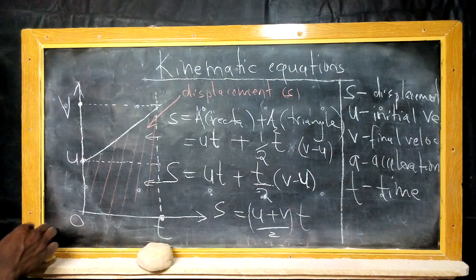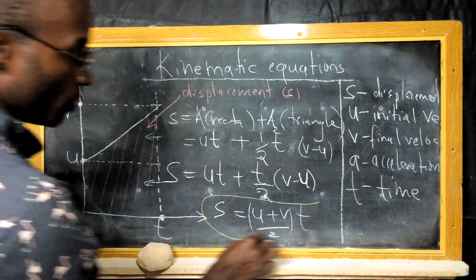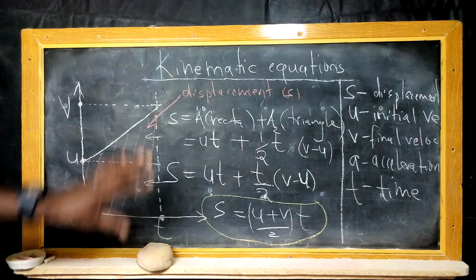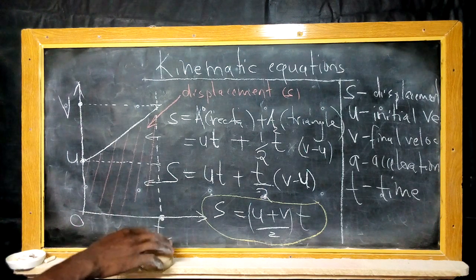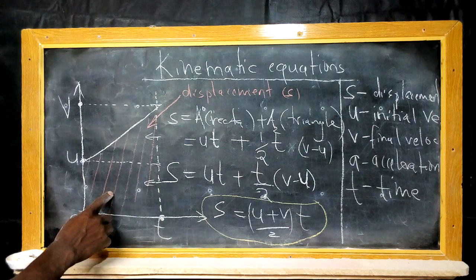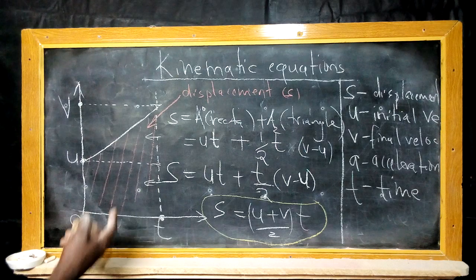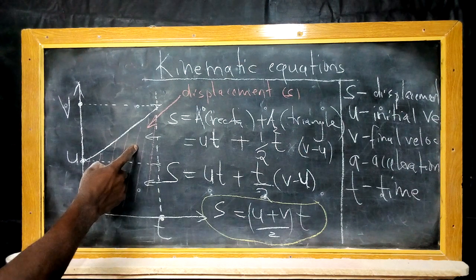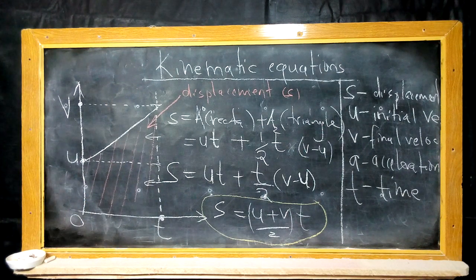Remember that this will be the first expression, because of the size of our space for calculating this. We'll just try to erase this, but remember that is the first expression, which indicates the displacement, whereby the total displacement equals the area under the curve, which is the area of a trapezium made up of the area of a rectangle plus the area of a triangle, which we have done using the normal mathematical way.